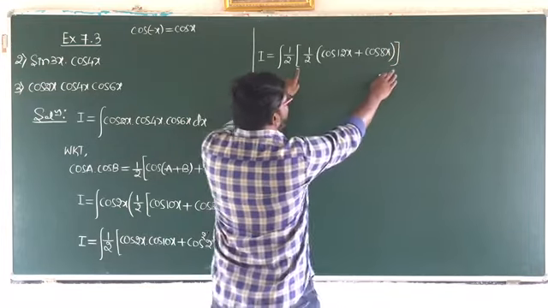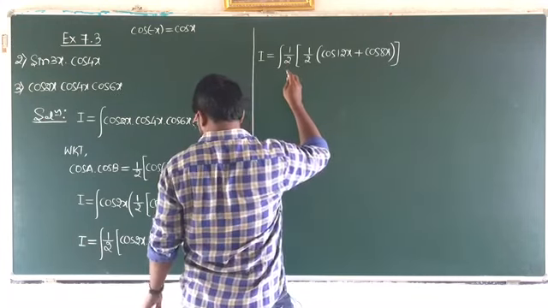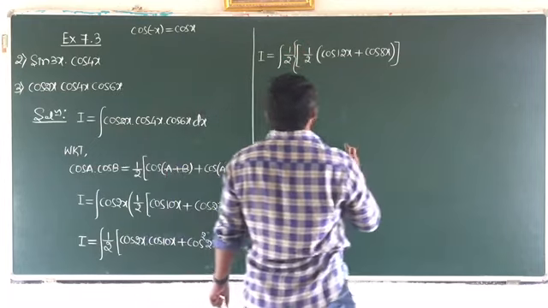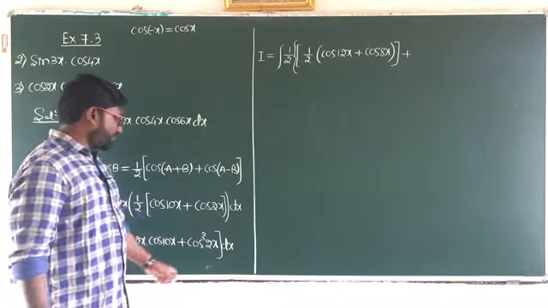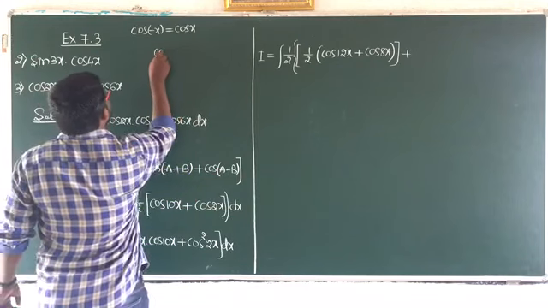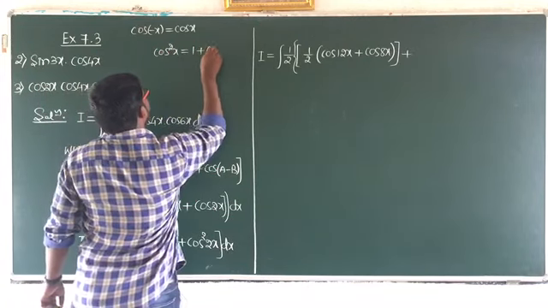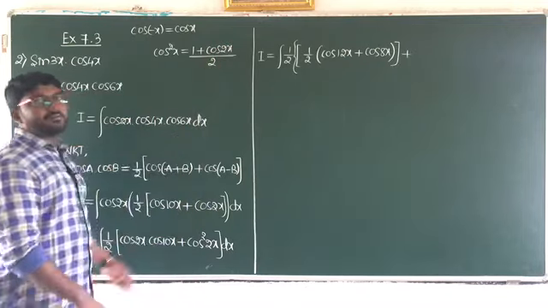So I have closed this now. Now here 1 by 2 is related to all the three terms, hence I consider one more bracket here. So now plus, see here, cos square 2x. How do you write cos square 2x now? So cos square x is equal to 1 plus cos 2x by 2, from the double angle formula.